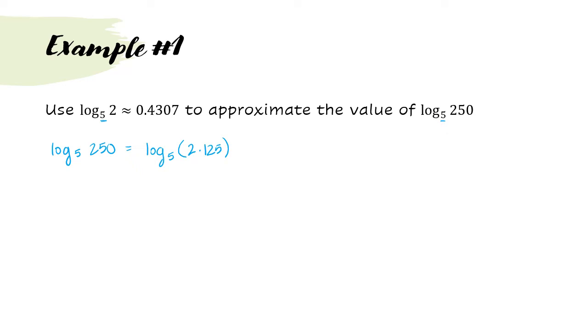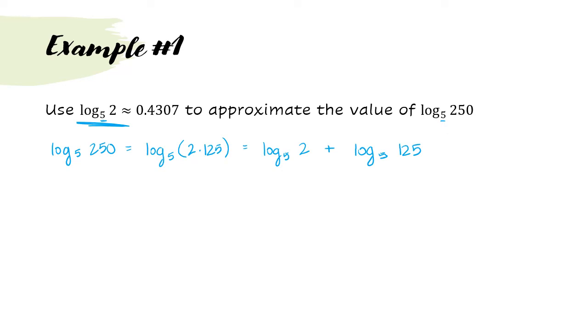Now, why is that useful? Well, using my property of logarithms, this product can be rewritten as log base 5 of 2, remember that's what we were given, plus log base 5 of 125. And I can evaluate what log base 5 of 125 is as well.